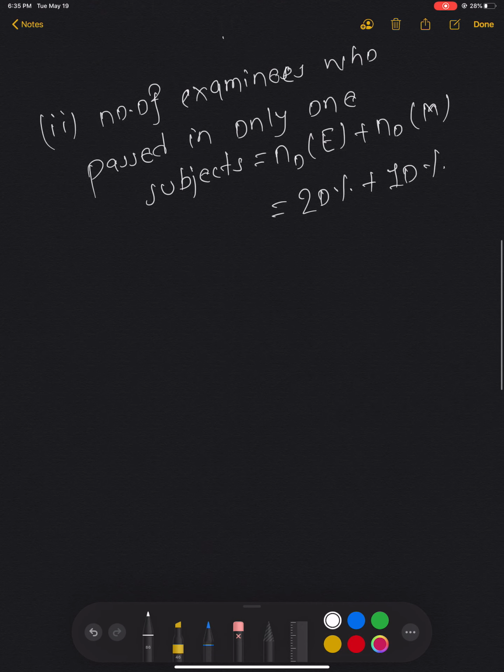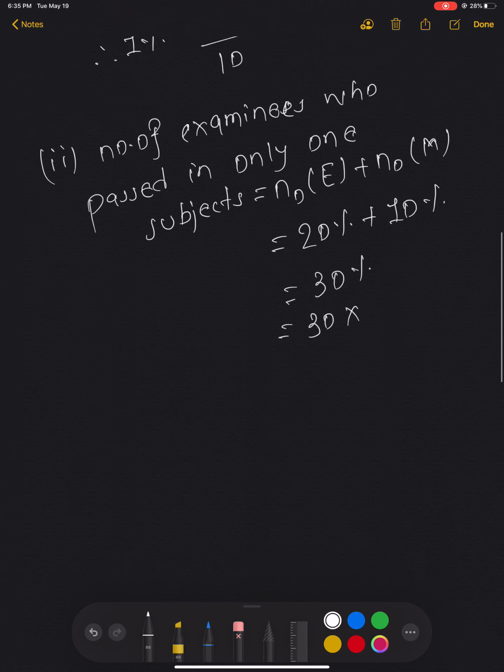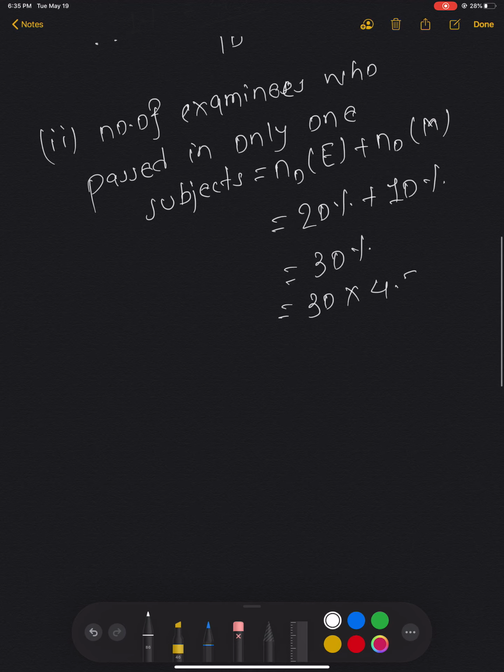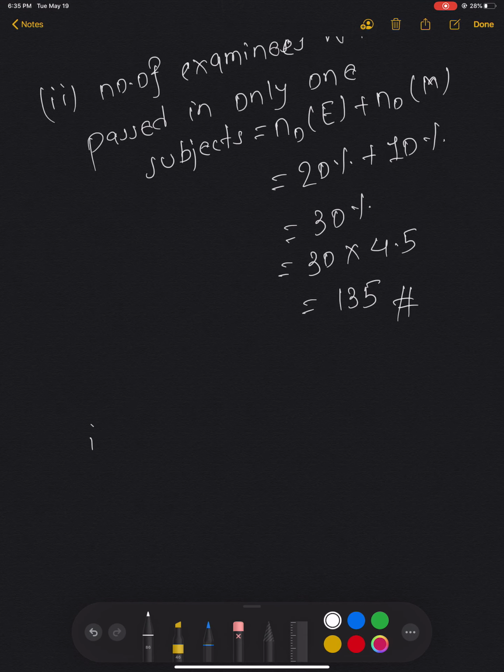That gives you 30%, and 30 times 4.5, where 1% is 4.5, is equal to 135, right? That's your answer. And let's move to the next question.